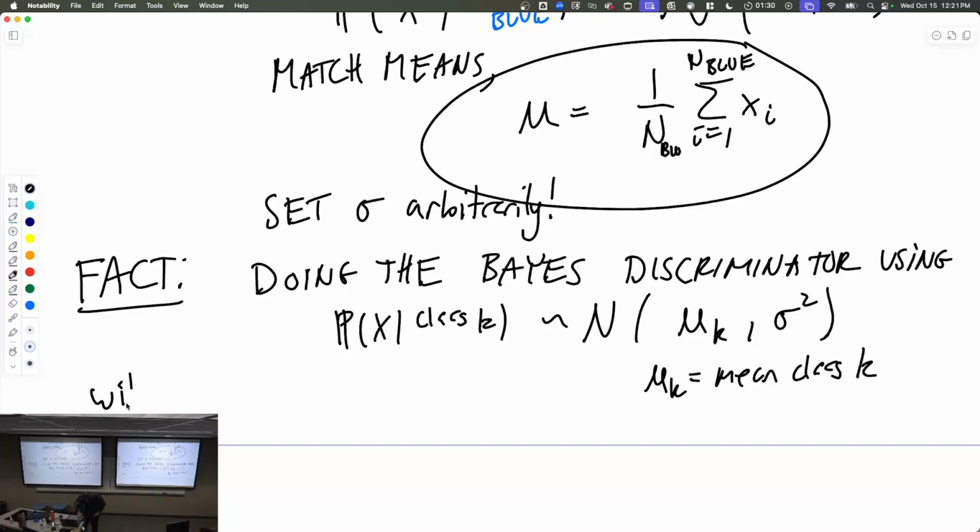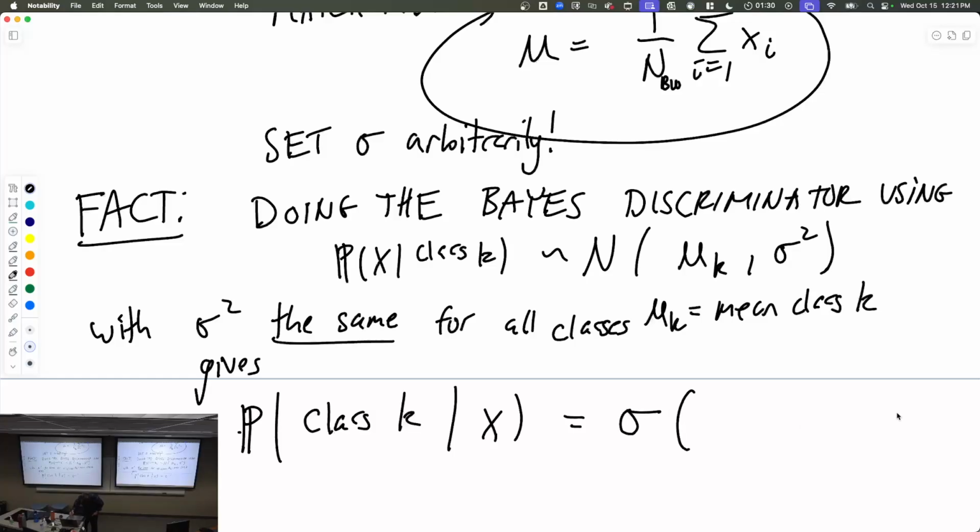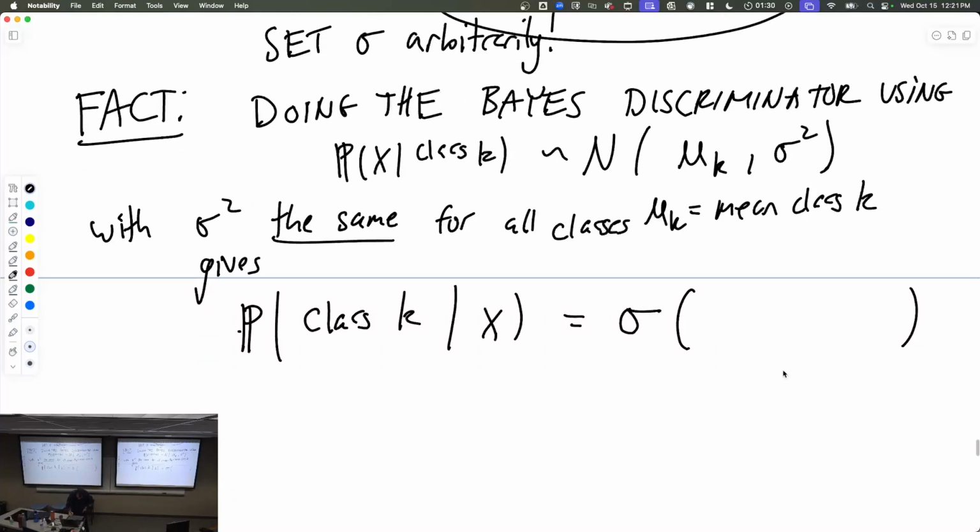Oh, let's write that down. That's an important fact. With sigma squared the same for all classes, it gives the probability of being in class K given x. It turns out to be a sigmoid function, and then in here you have a linear function of x. So you can write it as ax plus b for some a and b.